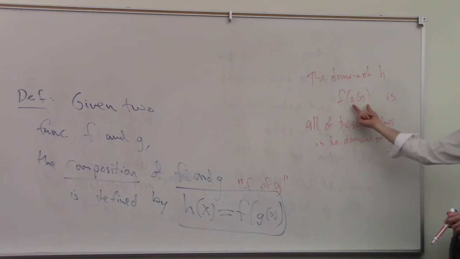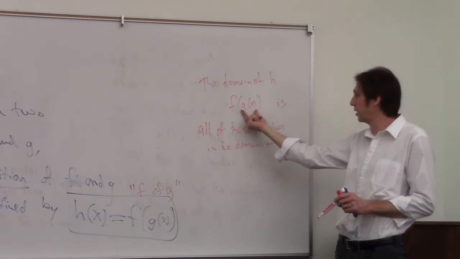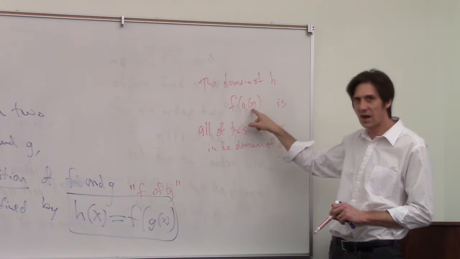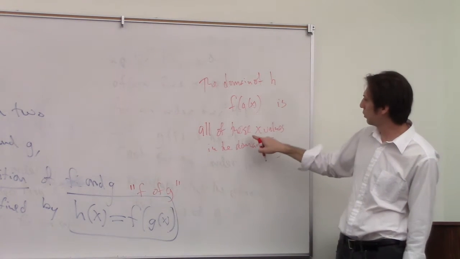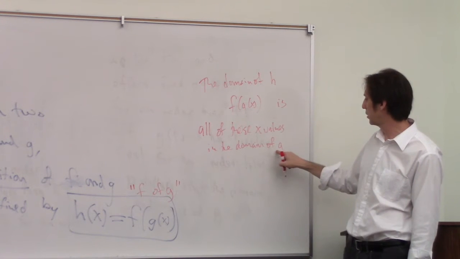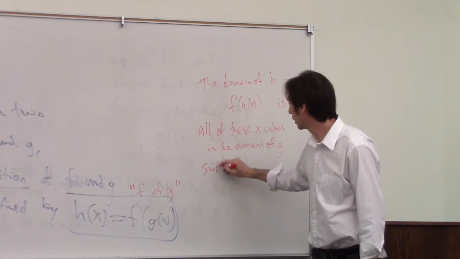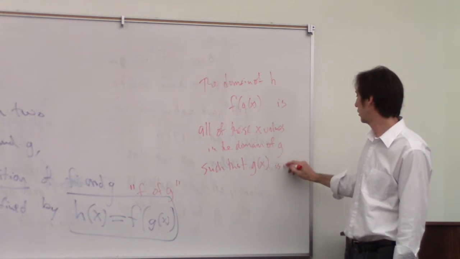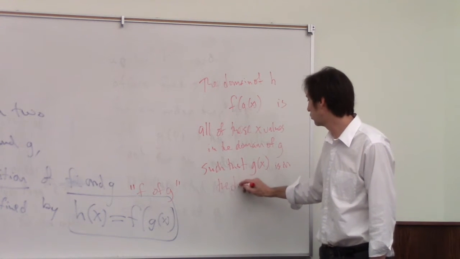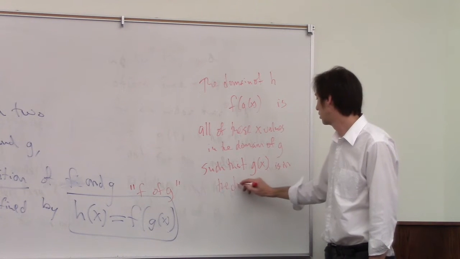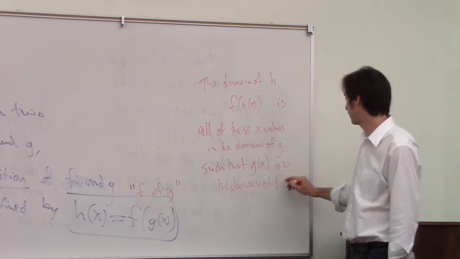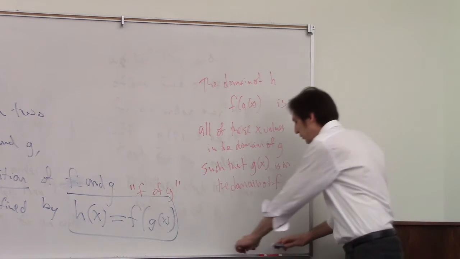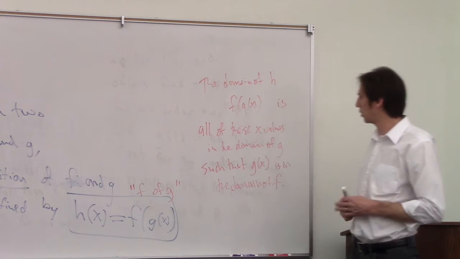But then what happens after I get g of x? I turn around and I plug g of x into the function f. Right here we're kind of working from the inside out, right? So my domain is going to be all of those x values in the domain of g, such that g of x is in the domain of f.